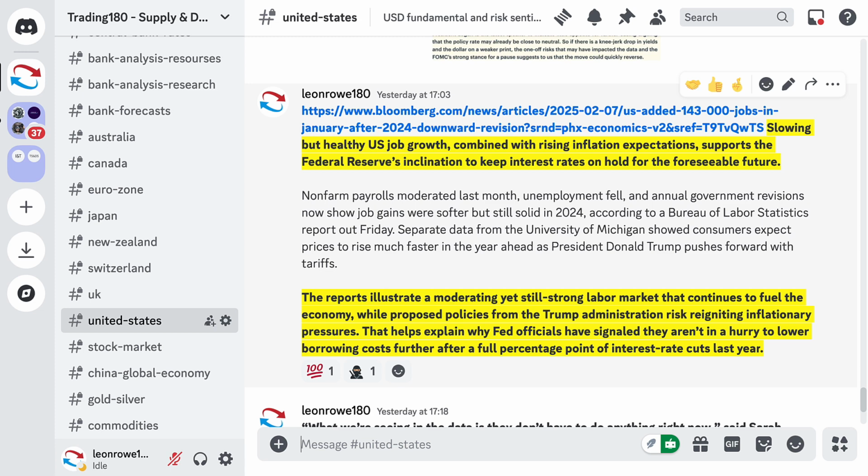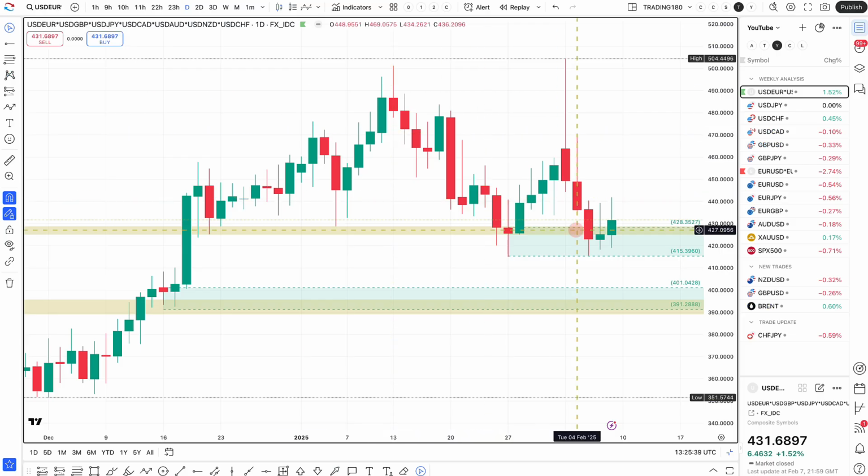So the Fed are, for now, still holding rates, which should support the dollar, as well as the uncertainty around Trump's tariffs. Ultimately, we should see the dollar move to the upside, of course, if the data does support that.